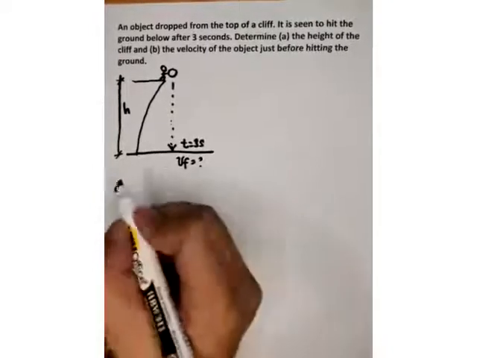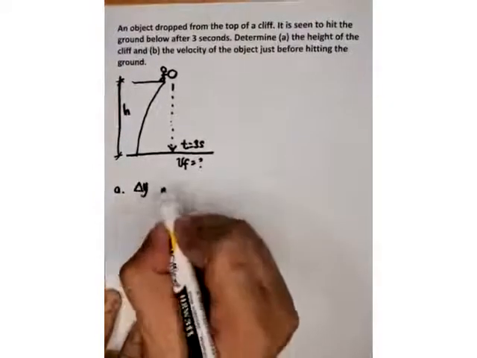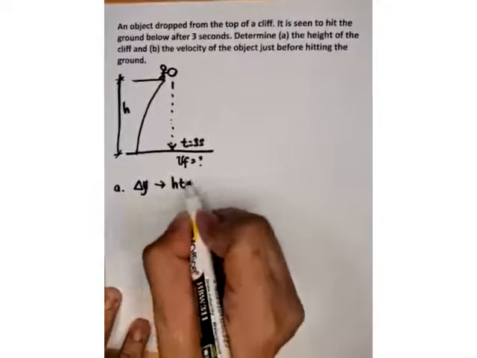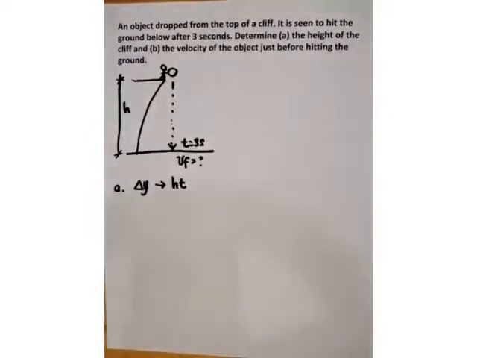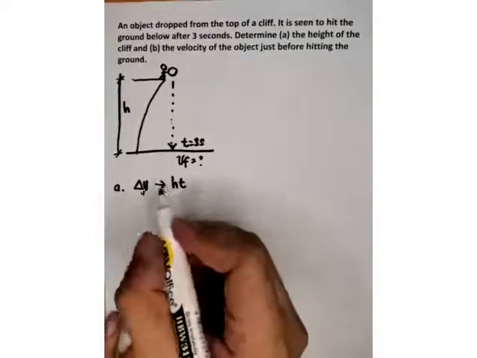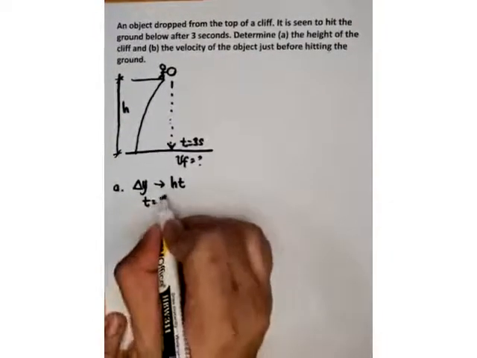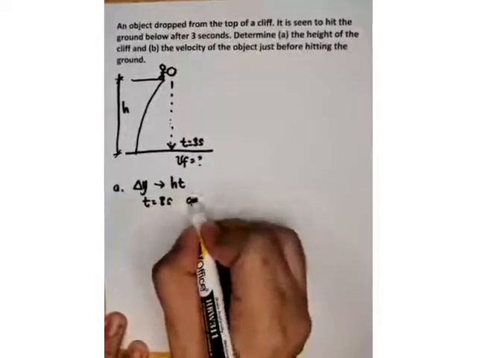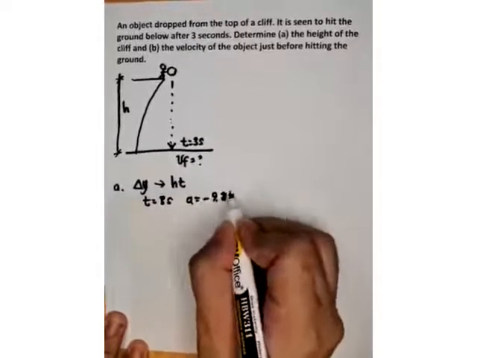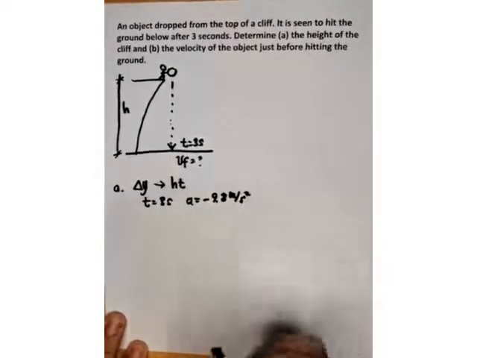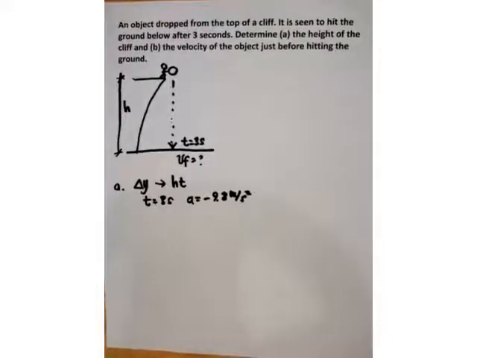So in letter A, let's first find the displacement so we can get the height. So what are our givens? Time is 3 seconds. Acceleration is negative 9.8 meters per second squared. What else? Do we have initial velocity?